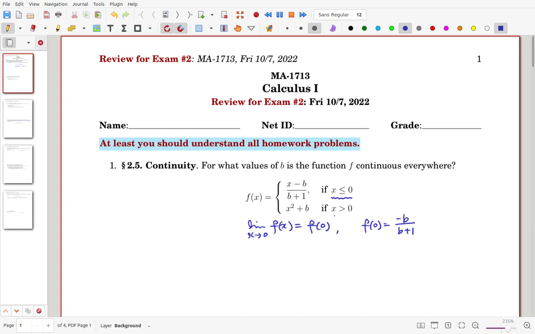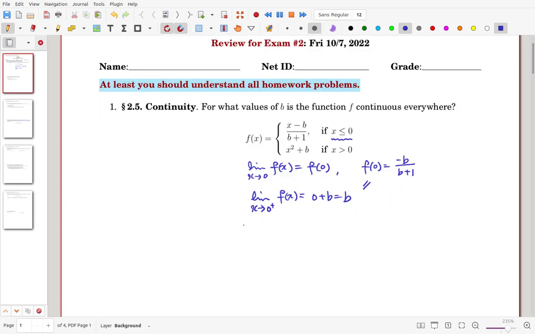And of course, the left-hand side is linear, so the limit of this function is the same as that. Now, the limit as x approaches 0 from the right of f of x. Now x is larger than 0 and approaching 0, so that will become 0 plus b, which is b. These two should be the same, then it is continuous.